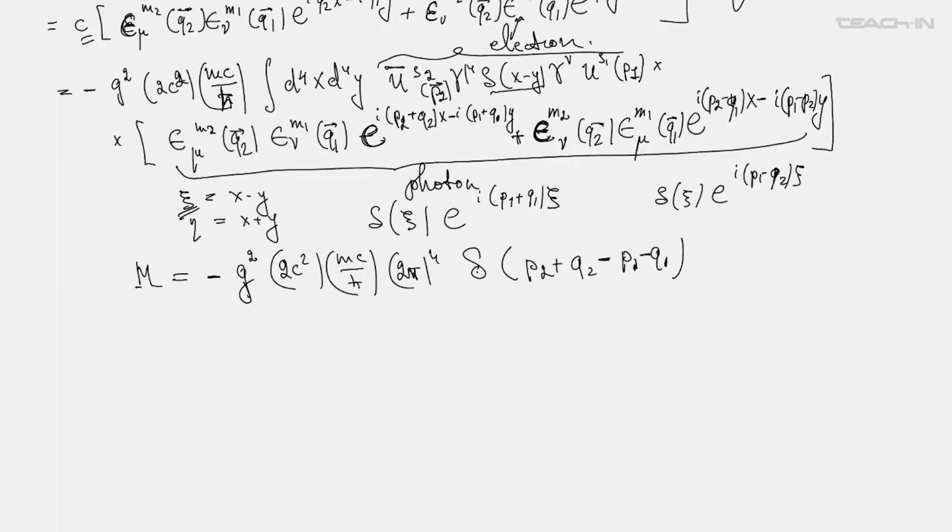times the remaining expression, which involves the Fourier image of the fermionic propagator. So now this S, which I'm writing, depends on momentum because it's a propagator in the momentum space.